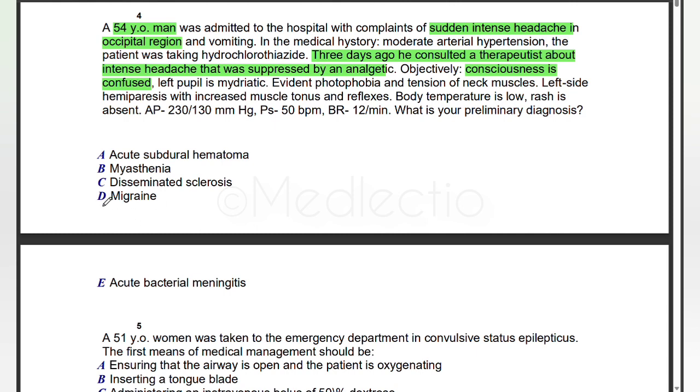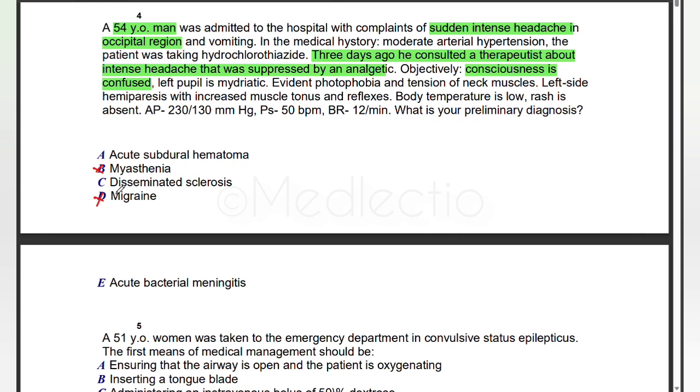As we are getting focal symptoms, we can exclude migraine, because migraine is rarely associated with any focal symptom. Then it is only left-sided hemiparesis, so we can exclude myasthenia because it would involve generalized weakness.